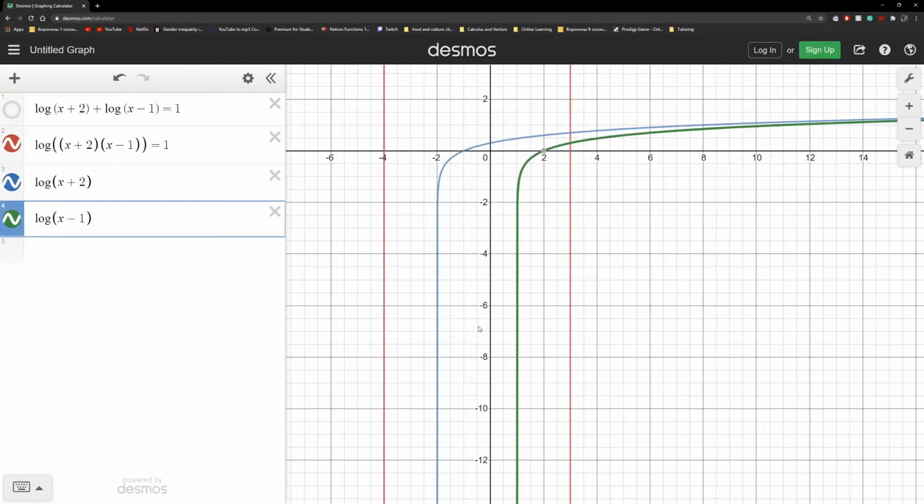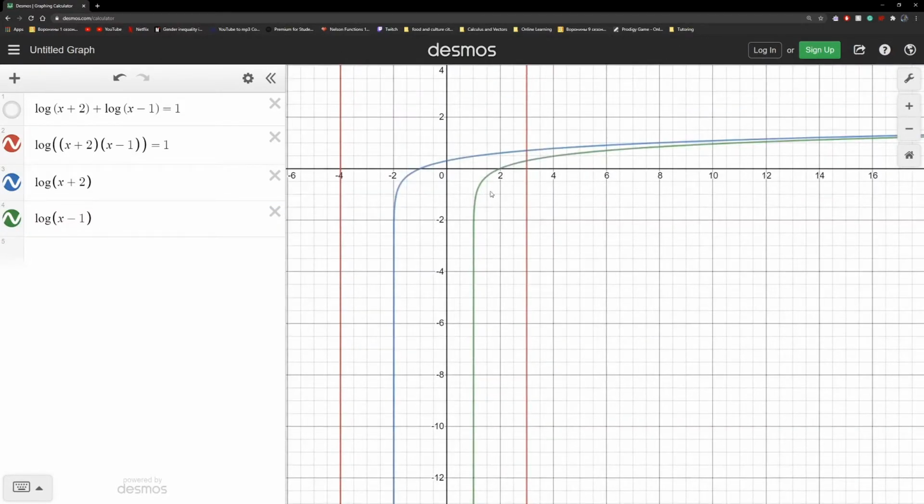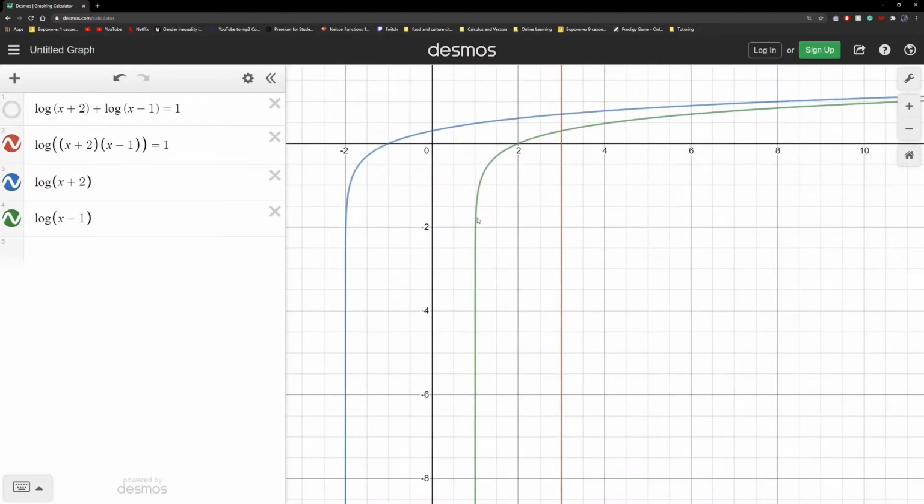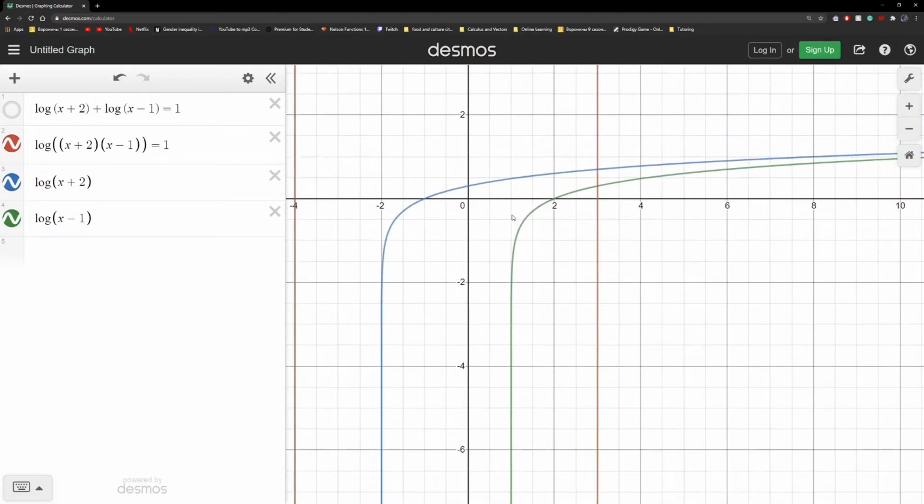It cannot get to -4. It'll never get there because the max it could go to is really close to 1, and this one will go really close to -2. So that is the most important thing you have to remember for this chapter.